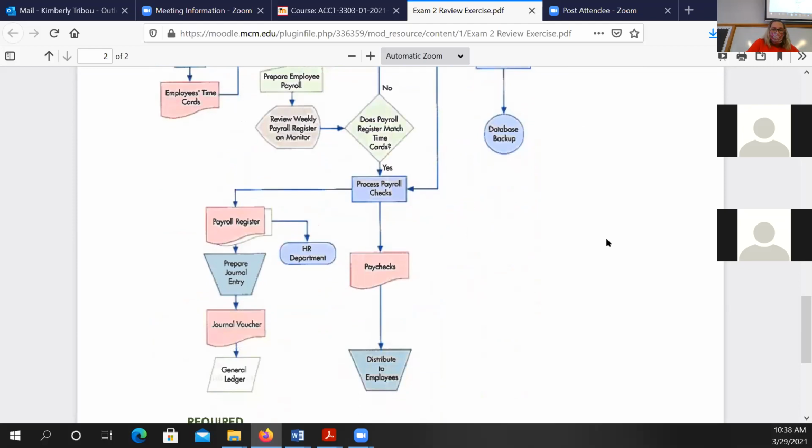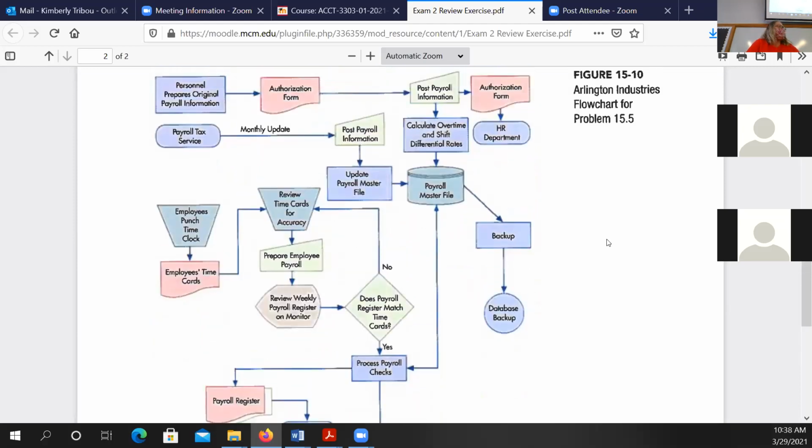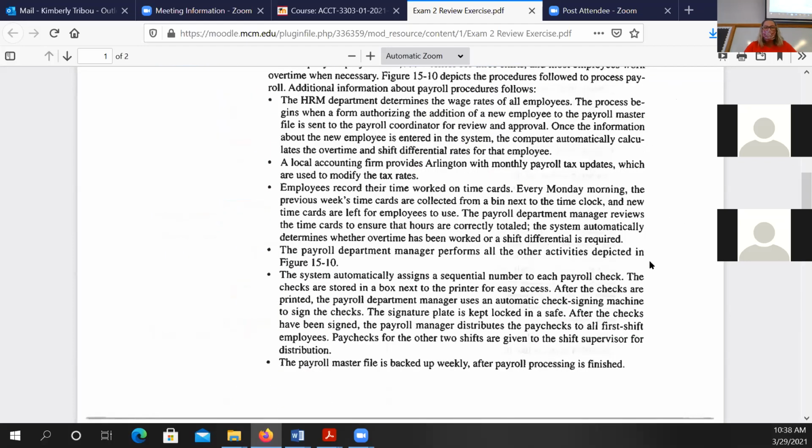Where is that one? Julian. Okay, which bullet on the prompt? Okay. Yep. So it doesn't show up on the flow diagram, but Julian pointed out that the system automatically assigns a sequential number to each payroll check.